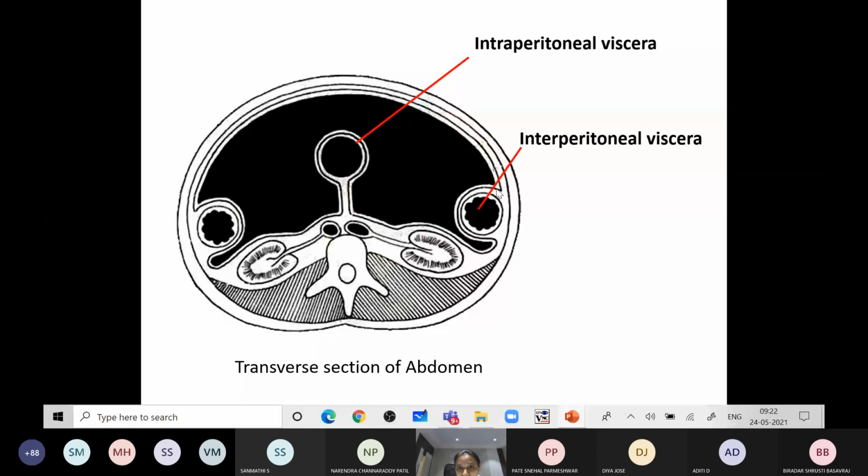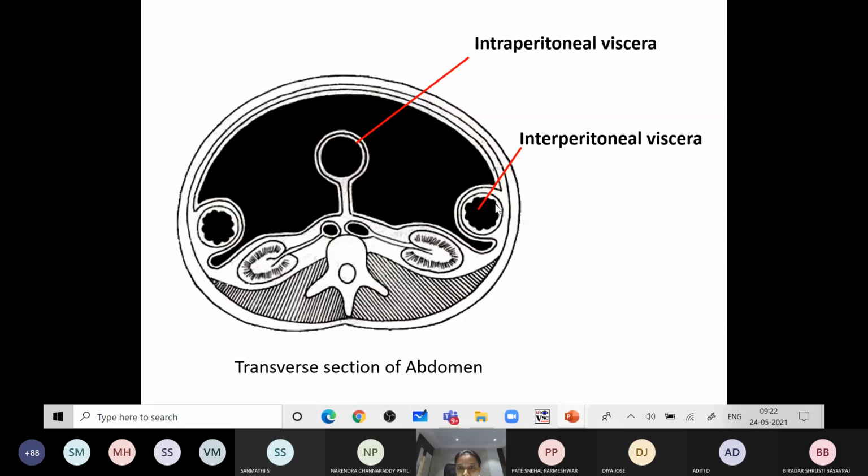This is interperitoneal. Almost all of it is covered by the peritoneum, but part of it is not covered. Examples for intraperitoneal are the coils of the small intestine, transverse mesocolon and sigmoid mesocolon.